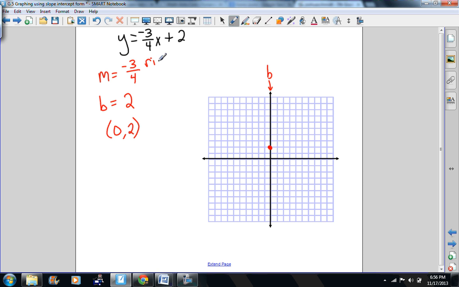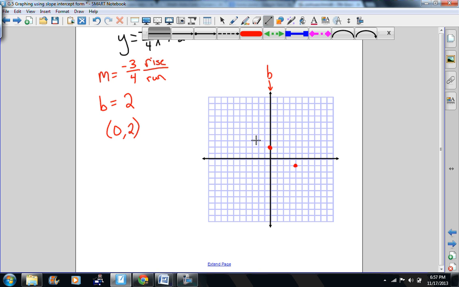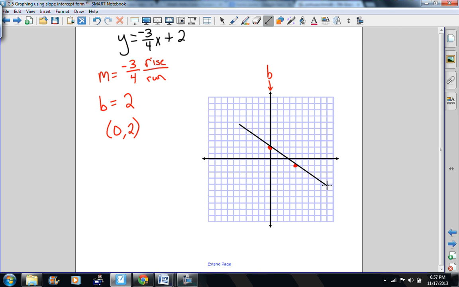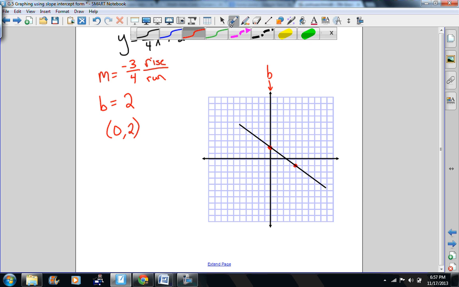Our slope stands for rise over run, and all we do is we go from our b value, not from here, from this value, we go down 3 because our rise is negative, and we run 4, and we make this. Now we know if we're making a line and we have 2 ordered pairs, that's enough to graph the line, because everything else on the line will have to be in that same order. Okay? That's all we're doing.